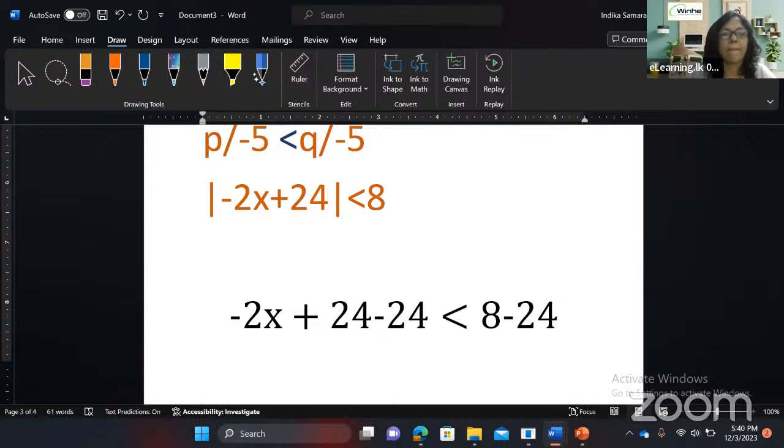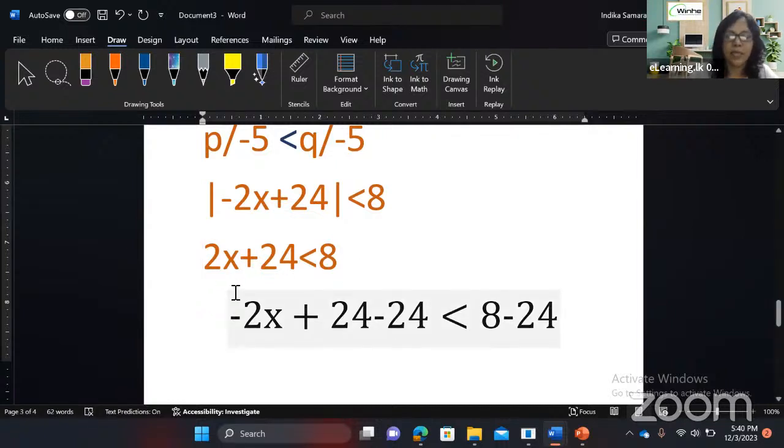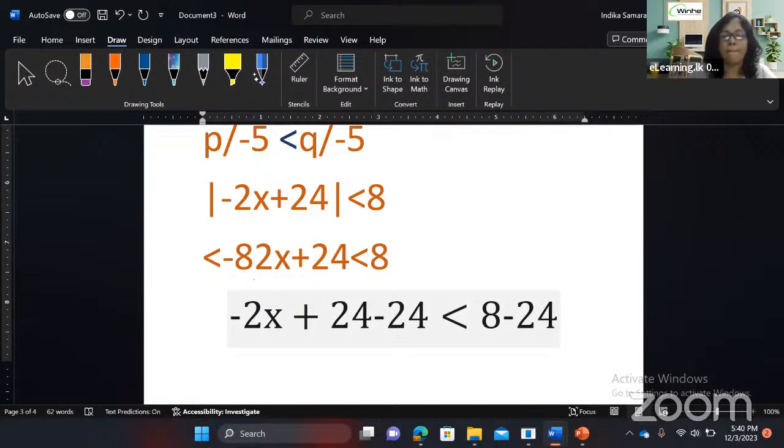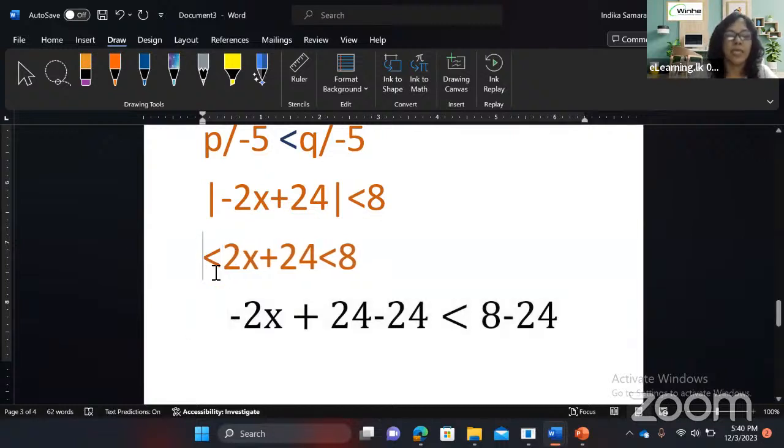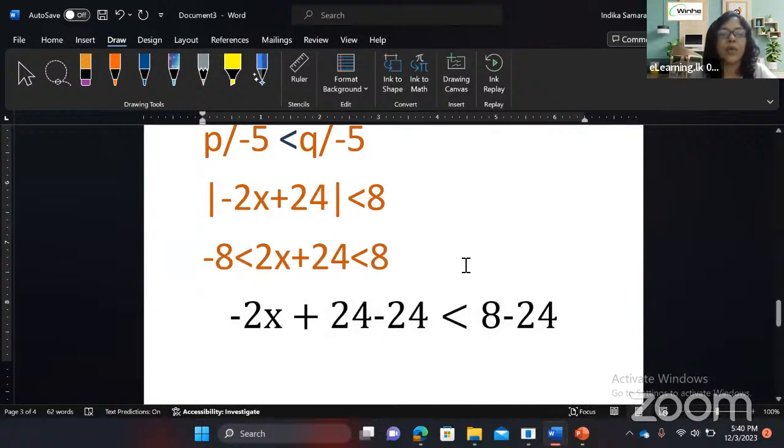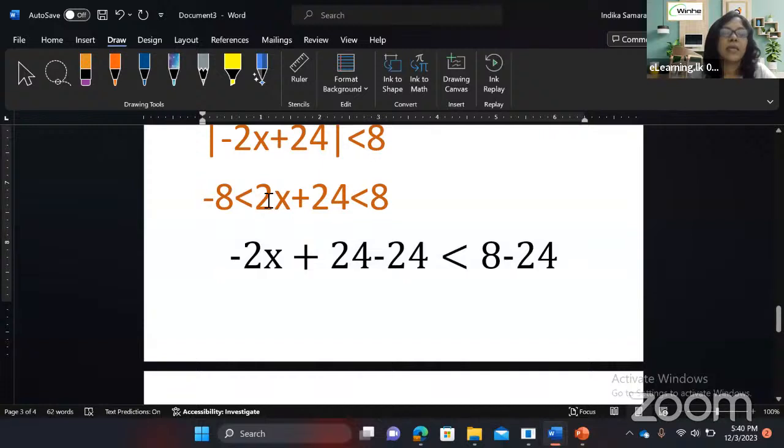Therefore, you can say minus 2x plus 24 is less than plus 8, or else you can write this as being between minus 8 and plus 8, right? So I got one part.